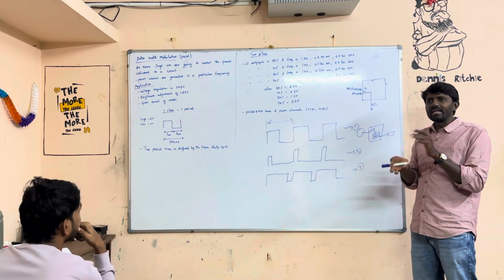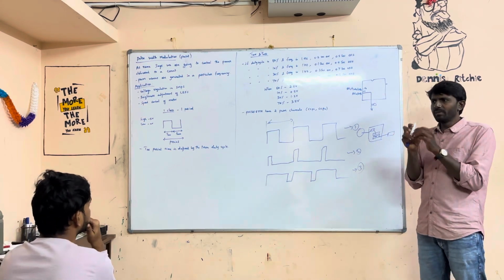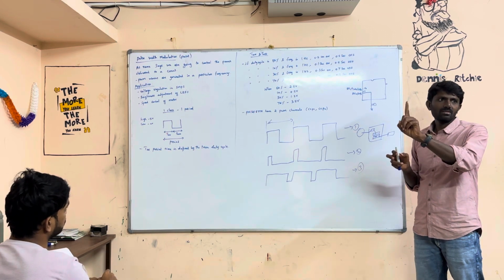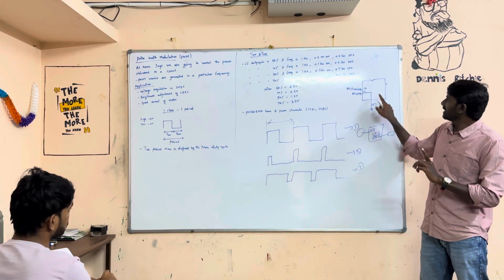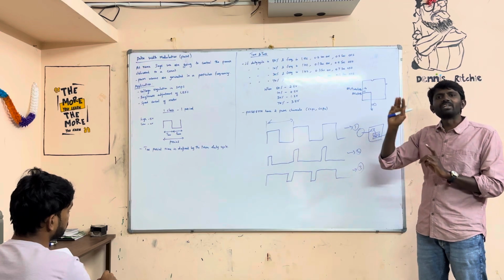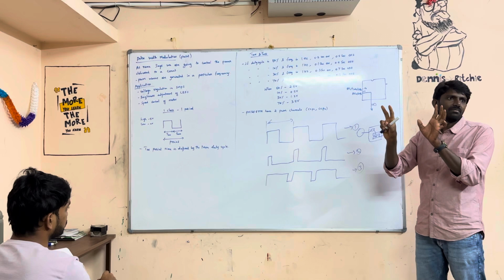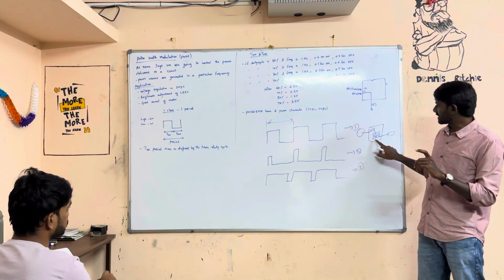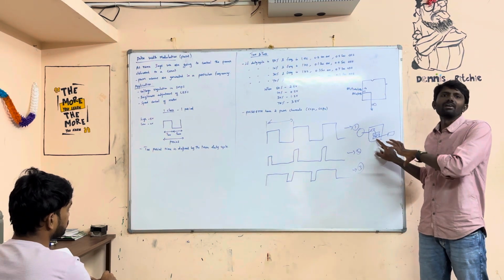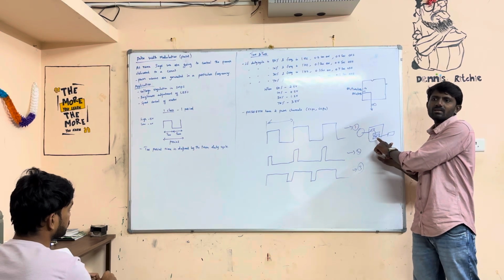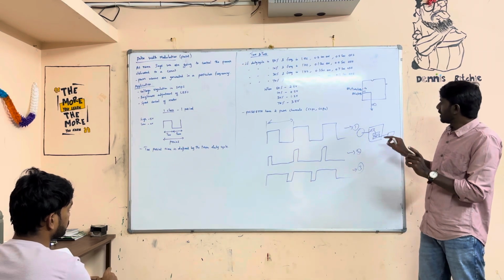Again I am recollecting: I am assuming my controller is working at 1 hertz and I am setting the duty cycle as 50%. 50% means I am setting 511. So in this 10-bit number I am putting 511, the equivalent binary of it. Clear? So now what is expected?